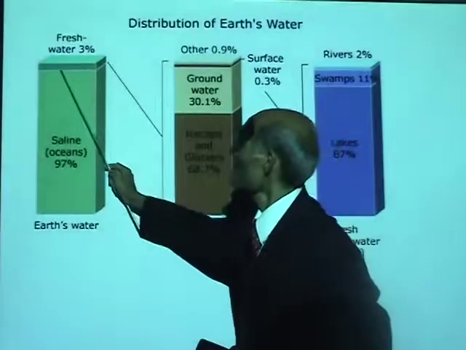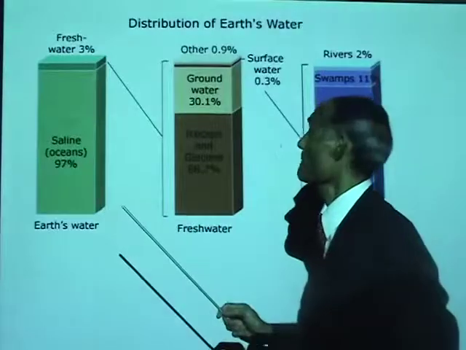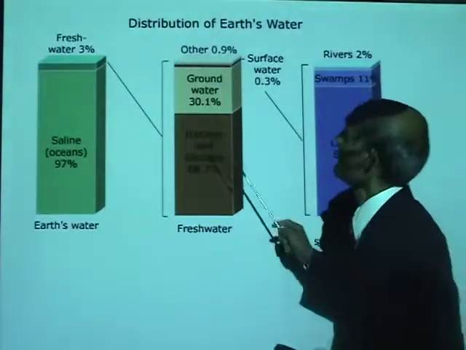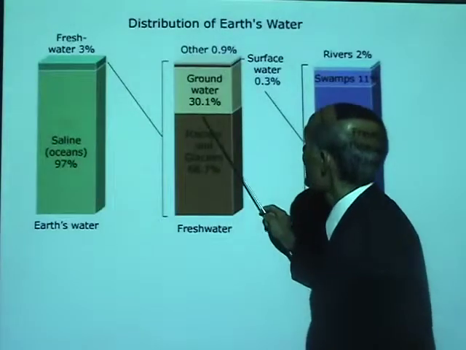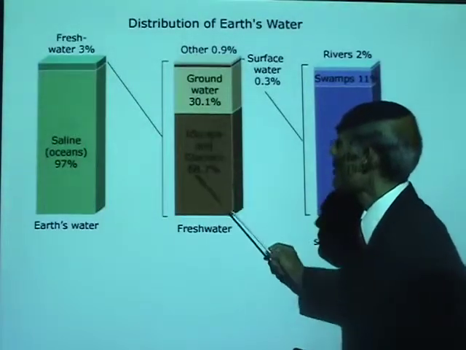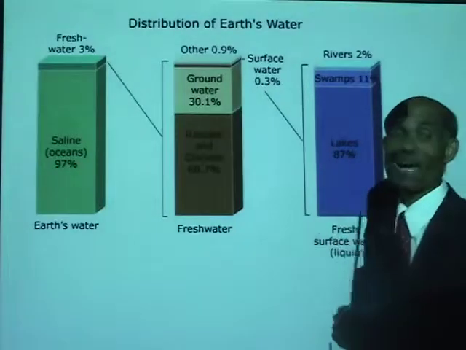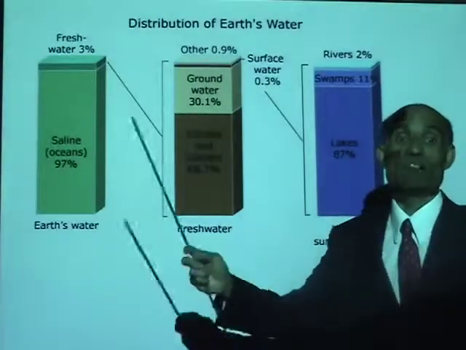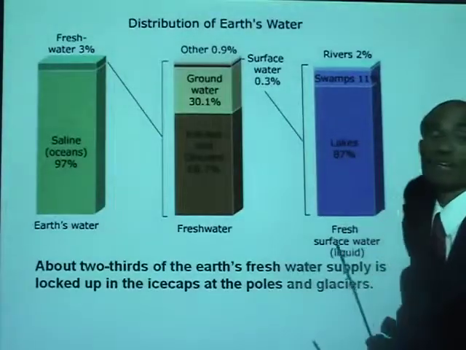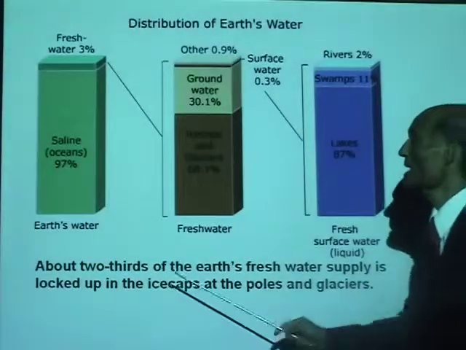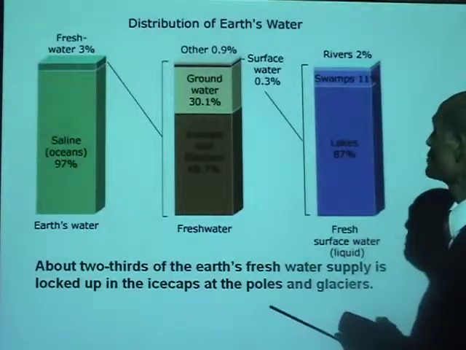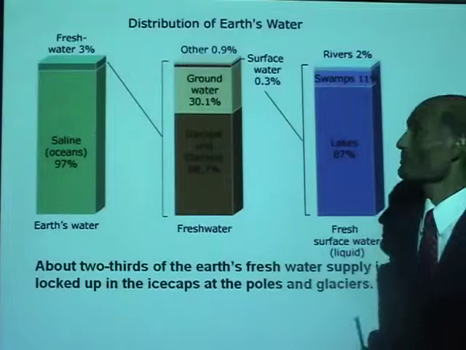Well, if you take that 3%, what are the various components of that? Now, of that 3%, 68.7% is locked up in ice caps and glaciers at various parts of the world. About 2/3 of the Earth's fresh water supply is actually locked up in ice caps and glaciers at the poles.